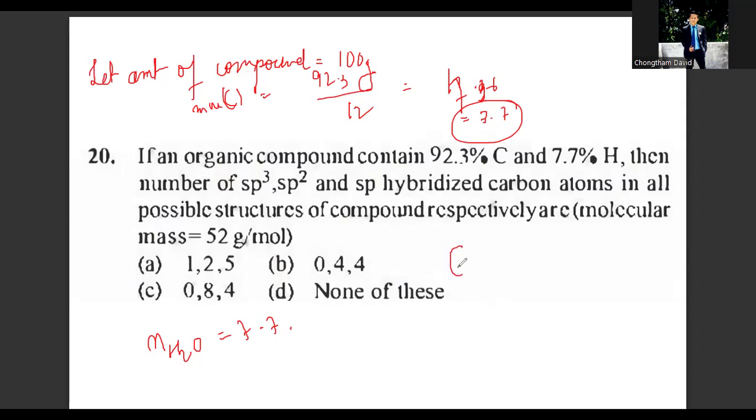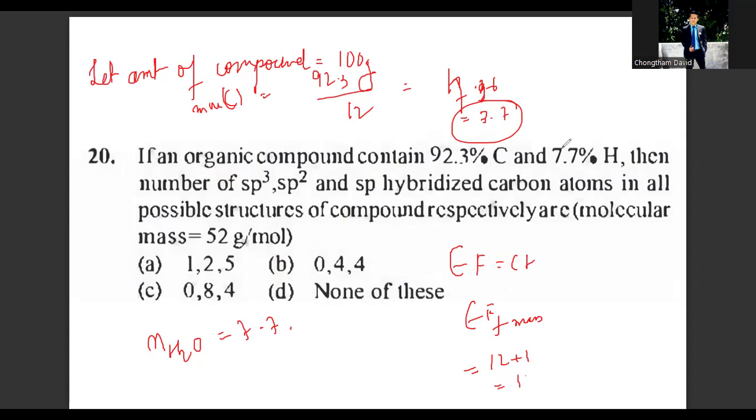Now, what is the empirical formula of the compound? It is CH, let us say. And the empirical formula mass would be 12 plus 1, which corresponds to 13.